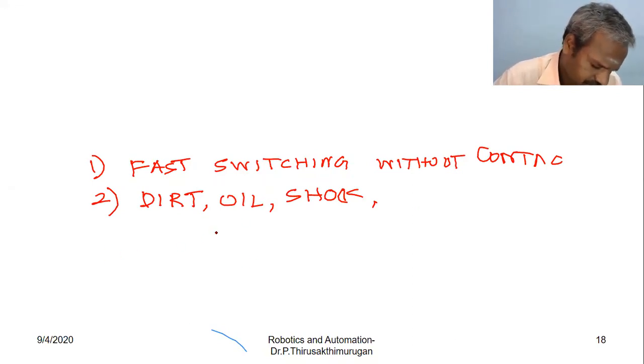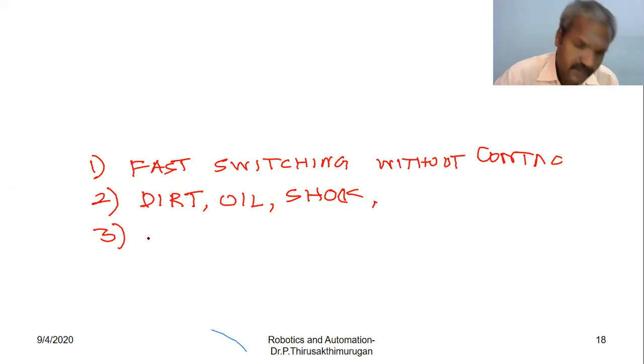Then detection occurs at cold ambient also, even at very cold temperatures. These sensors can operate in Kashmir as well as in Pondicherry, in extreme conditions. The metals are detected through a non-metal surface.